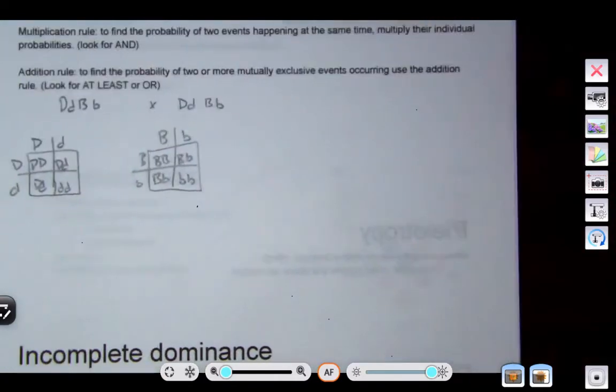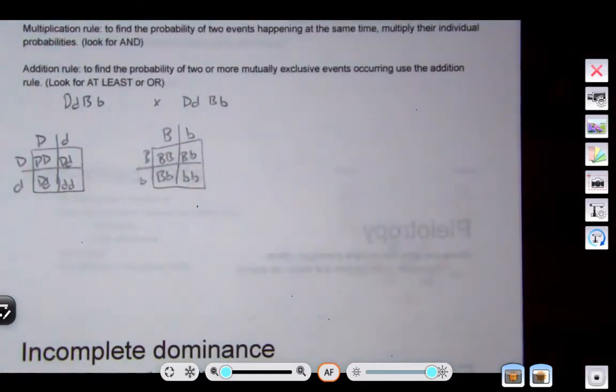To figure out how percentages work, these are all working off of quarters and halves, which are really nice and easy to work with, let's be honest.